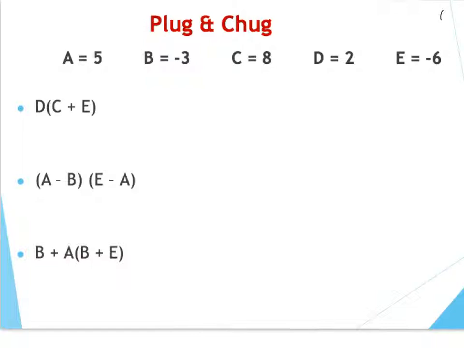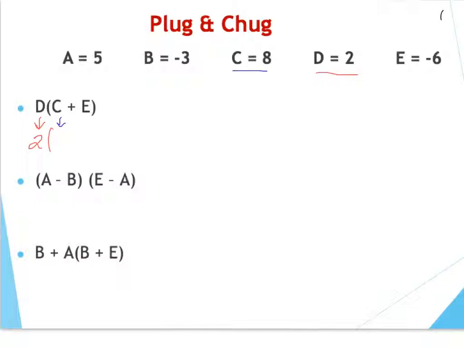So for instance, if I look at the first one, D, I'm going to go find that D in this problem is going to be 2. So I'm going to rewrite that. And then in parentheses I have C. I'm going to use my arrows to show which number is each letter.